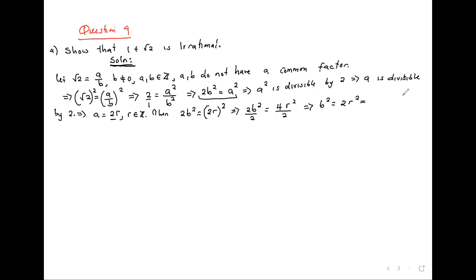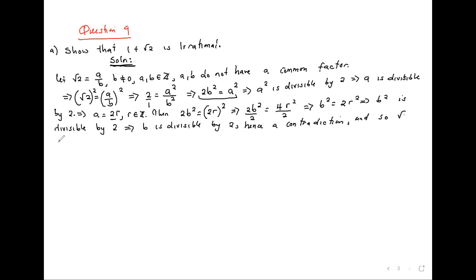So this implies that B squared is divisible by 2, which later implies that B is divisible by 2. Hence, the contradiction. And so, root 2 is irrational.